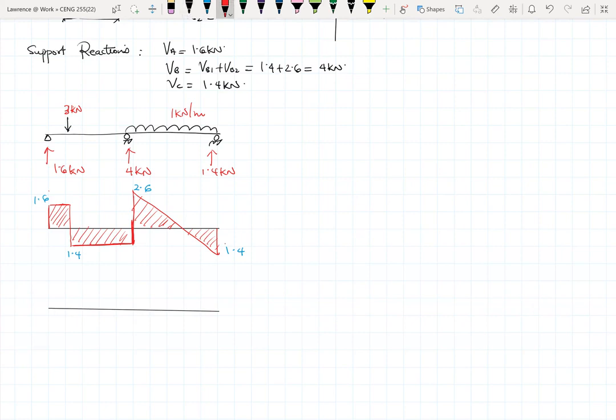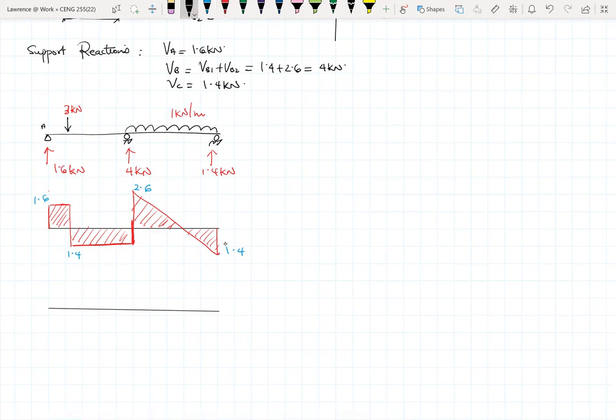With the first approach, if you have all your loads acting on it in this way, it's what we are used to. So at A it is 0.